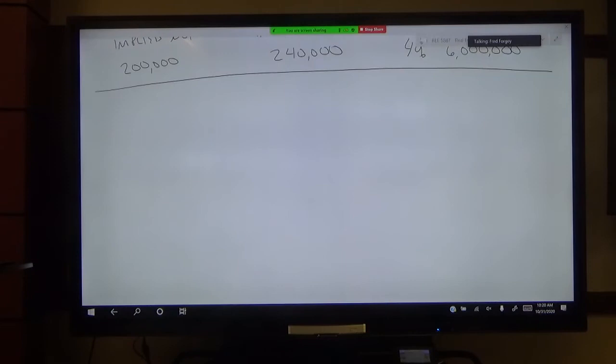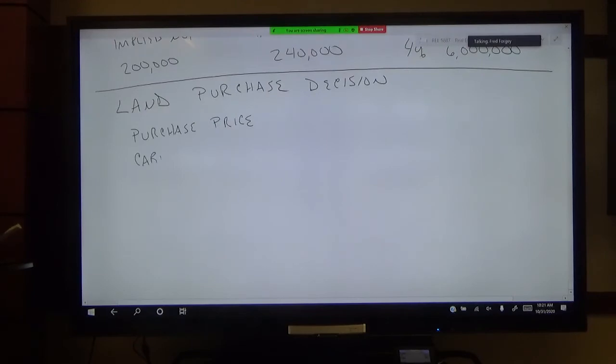All right, so let's say that we've got some land. And here are the variables that we've got. We've got the purchase price. We've got carrying cost per year.